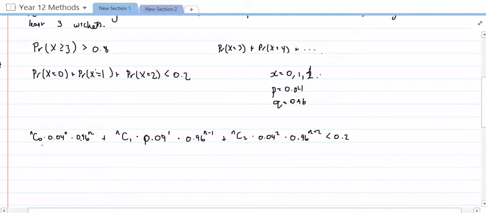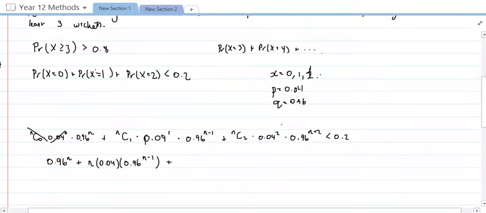Now we can simplify this a little bit. So that there becomes 1, that there becomes 1. So we've got 0.96 to the n plus, now nC1, well that's just n, and that's multiplied by 0.04, which is multiplied by 0.96 to the n minus 1.